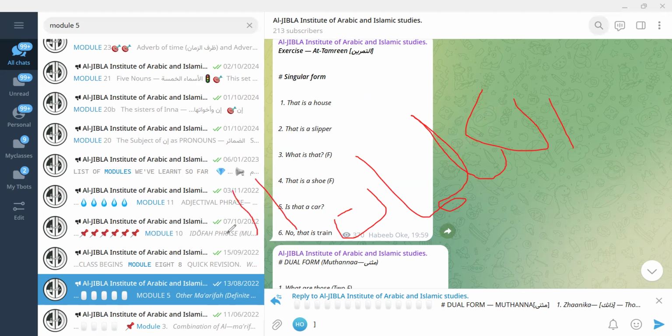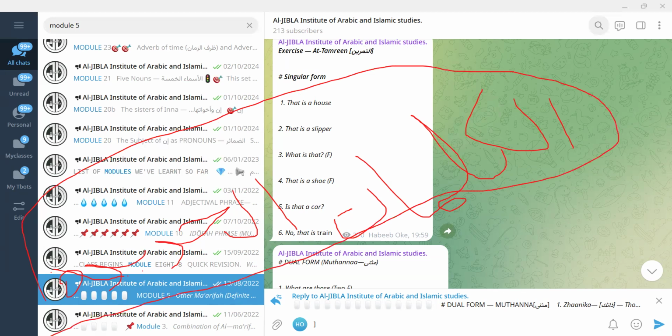Do we remember that we've come across this? Al kalimat is plural, and we have al jadida as the adjective.